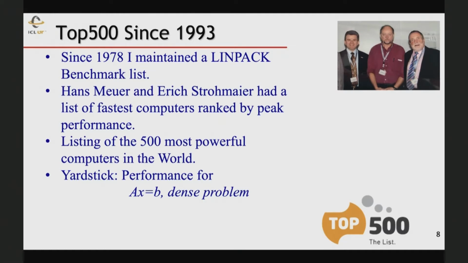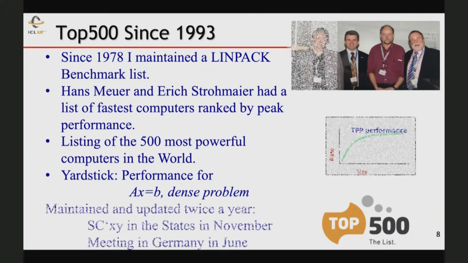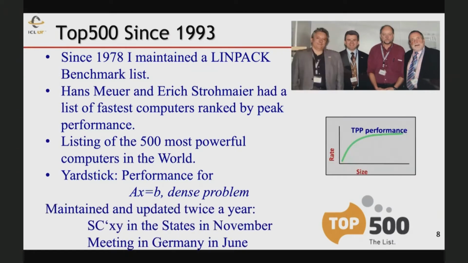Solve that system of equations, make it as large as you possibly can. We want to look at the asymptotic rate for solving that system. If you were to increase the size of the problem, the rate of execution would increase until you reached an asymptotic point, and we wanted to capture that asymptotic point for this Top 500 list.